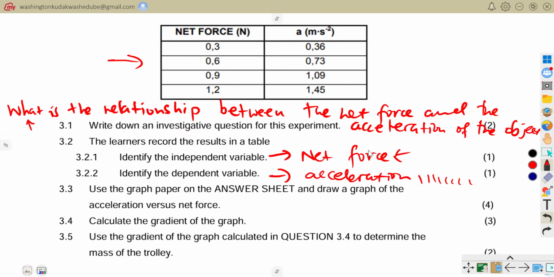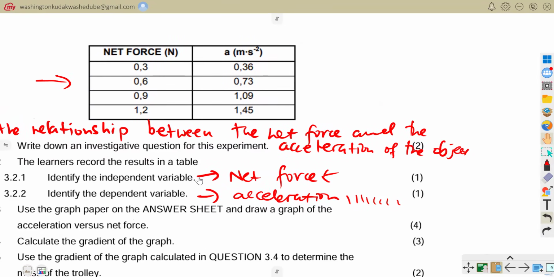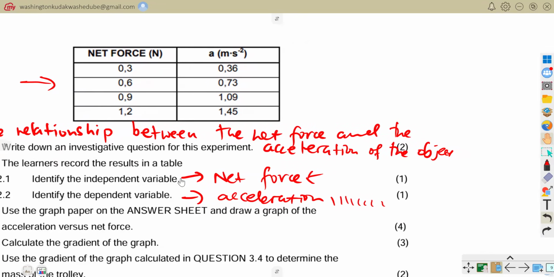And then thereafter, with these results and the experiment that has been carried out, they are now saying, use the graph paper on the answer sheet and draw a graph of the acceleration versus the net force. Now they want you to use these results to simply draw a graph of the acceleration versus the net force.